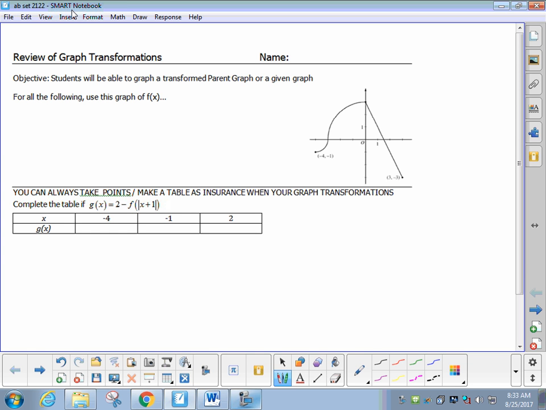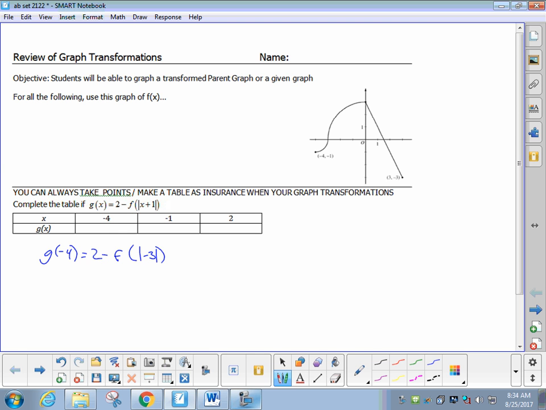If I wanted to say, what is g doing at -4, I could put -4 in and see what happens. g of -4 is 2 minus f of the absolute value of, let's do a little work, absolute value of -3. Wouldn't you agree -4 plus 1 will be -3? Now, working through this, what would you do first?